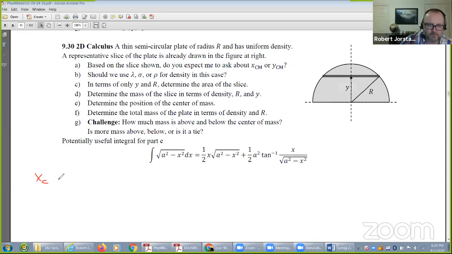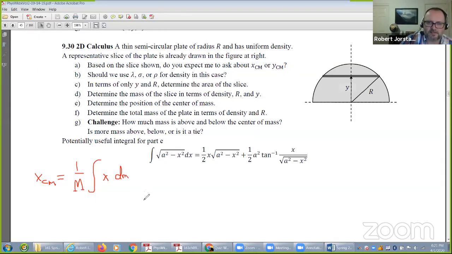x_cm is equal to 1 over the total mass, and I'll try and use capital M for that, times the integral of x dm.